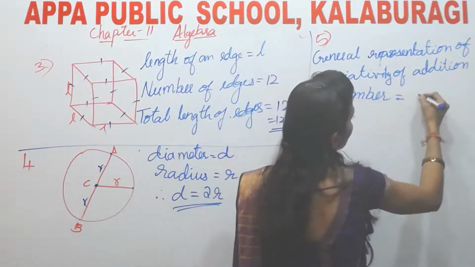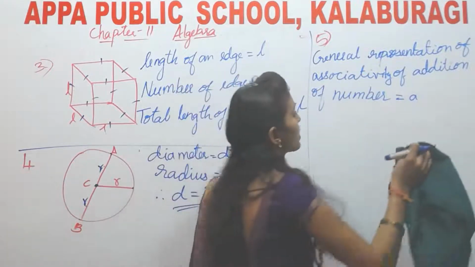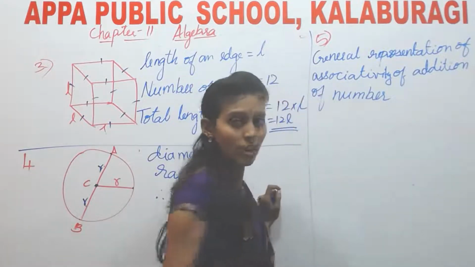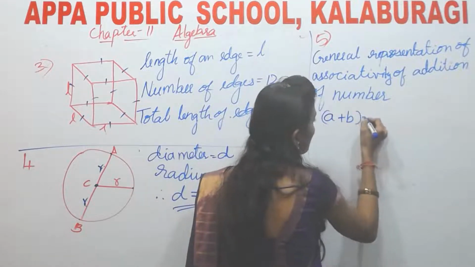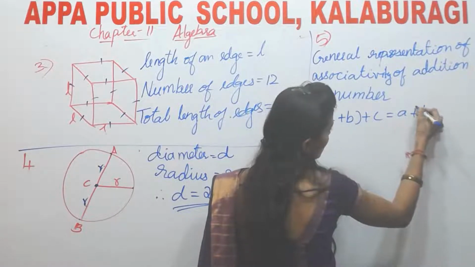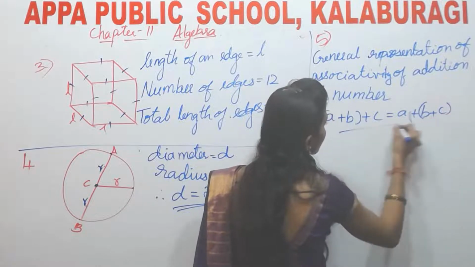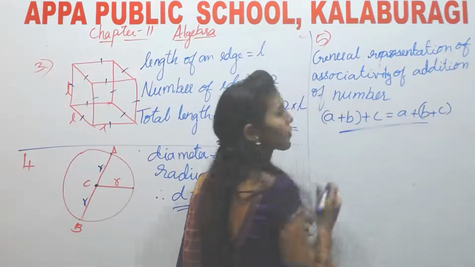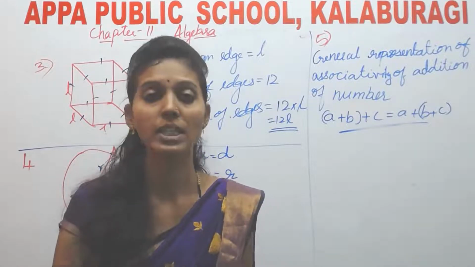Let me write it down, or else you may not see this, it will go out of the screen. A plus B plus C equals A plus B plus C. Over. So the second exercise is completed.